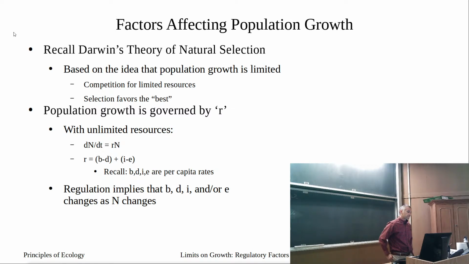All right? So we're going to go back to one of these early lectures where we talked about Darwin's theory of natural selection. So we said Darwin had 3 tenets to his idea of natural selection. What were they? Give me one of his tenets. Okay, so we have limited resources. Number 2.